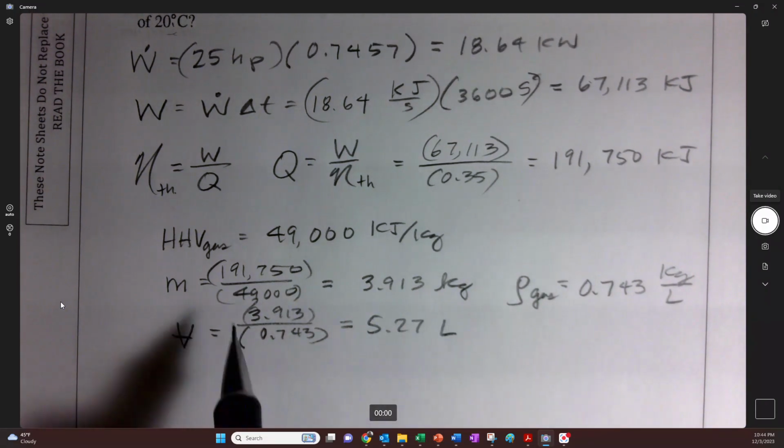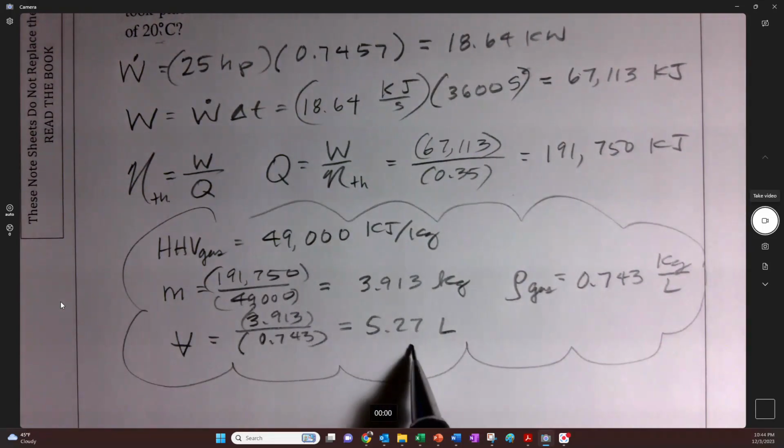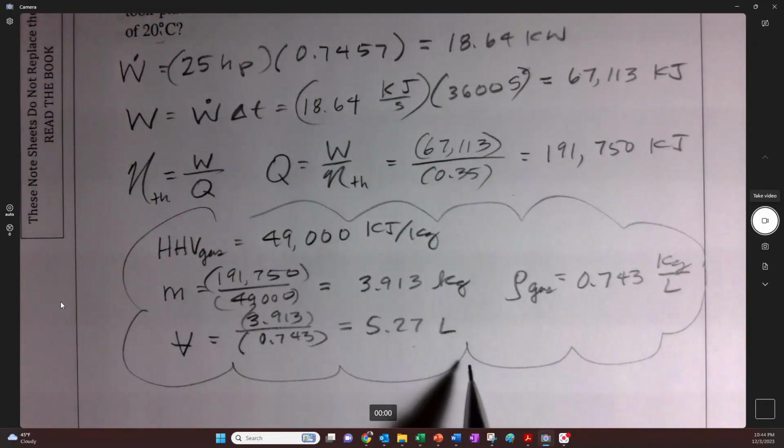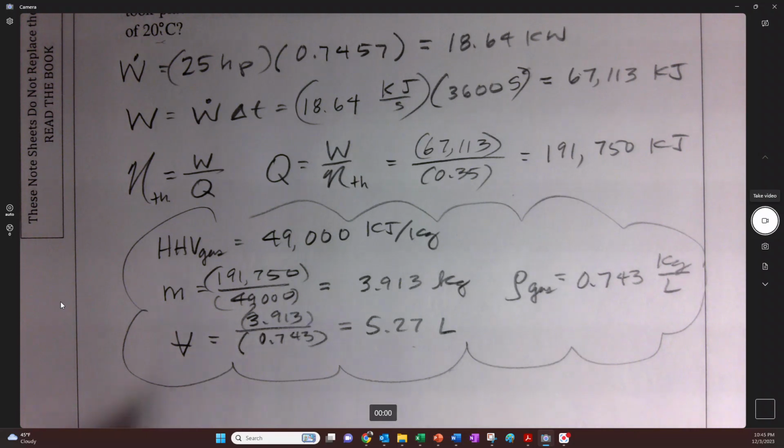Now I have something I can get my head wrapped around. I know what a 2-liter bottle of Pepsi looks like, and so this would be like two and a half and change of those 2 liters. Now I know how much gasoline they just burned. I can picture it at least.